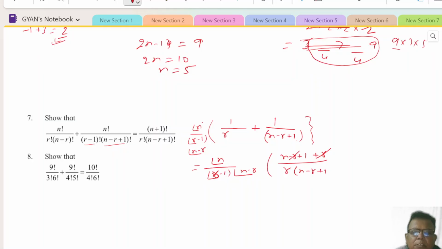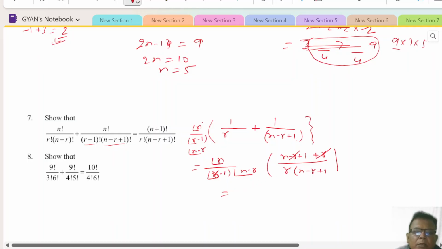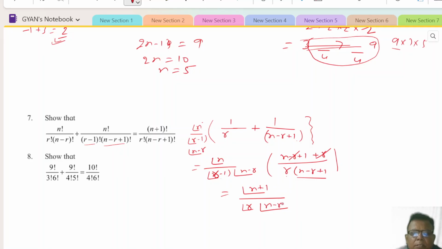So this gets cancelled and that becomes n plus 1 and factorial n, which becomes factorial n plus 1. Here r and factorial r minus 1 become factorial r, and n minus r with n minus r minus 1 becomes factorial n minus r plus 1. Proved.